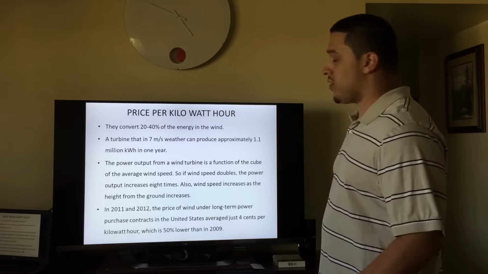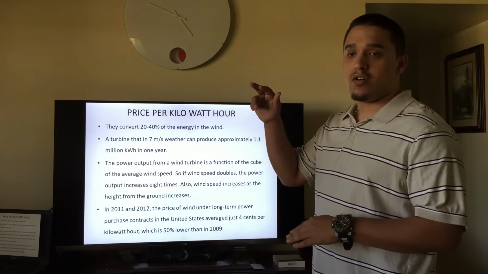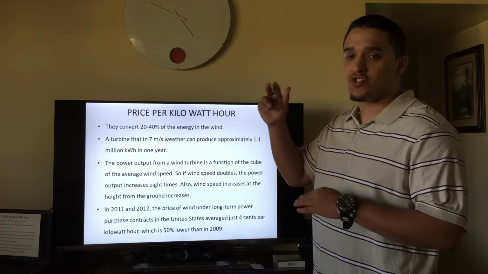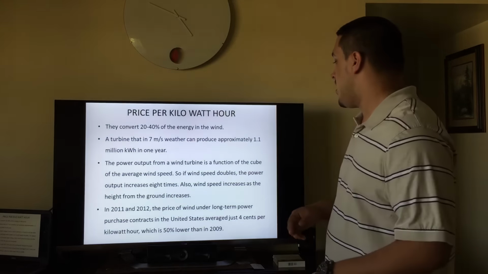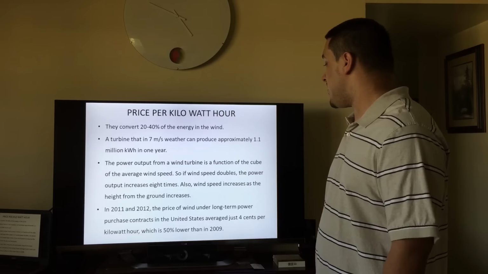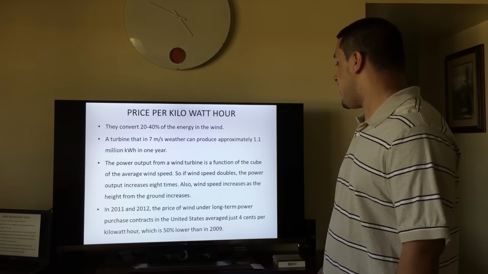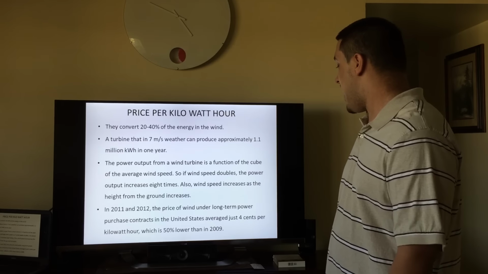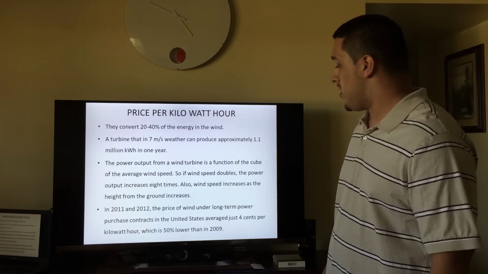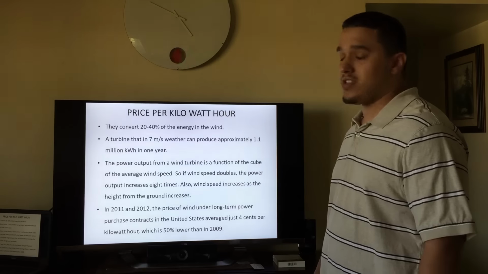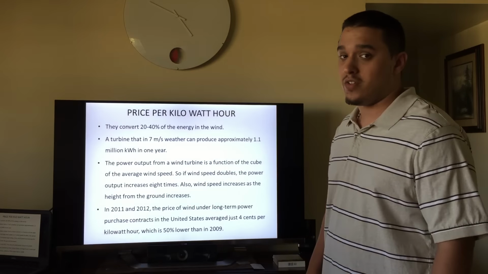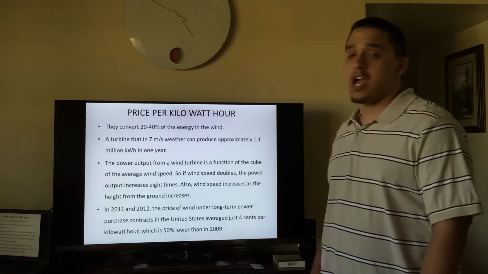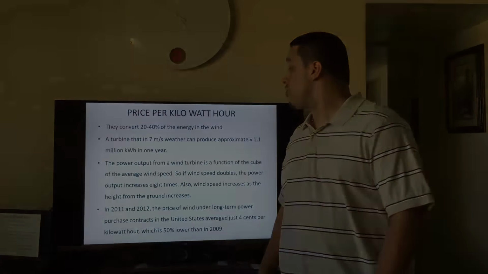Also, the higher your wind turbine is, the more potential power output you will have. In 2011 and 12, the price under long-term power purchase contracts in the US averaged 4 cents per kilowatt hour, so the operation costs have decreased significantly. They've actually halved. That concludes the economics of wind power and wind turbines.